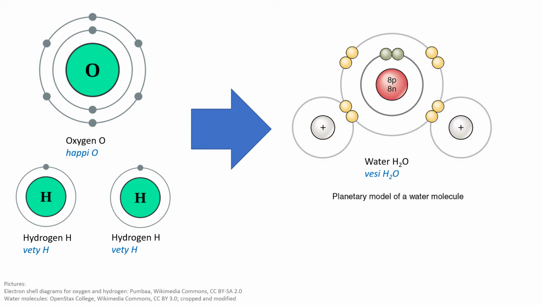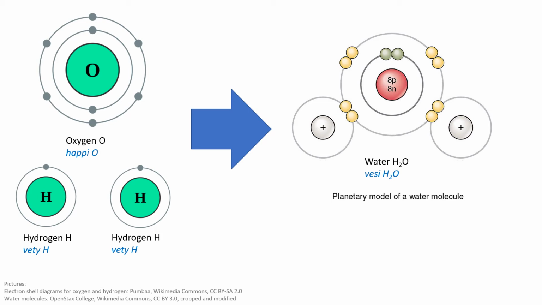A hydrogen atom can provide 1 electron and can complete its own outermost shell, the only one it has, by acquiring 1 more electron. Remember that the first innermost layer can accommodate only 2 electrons.